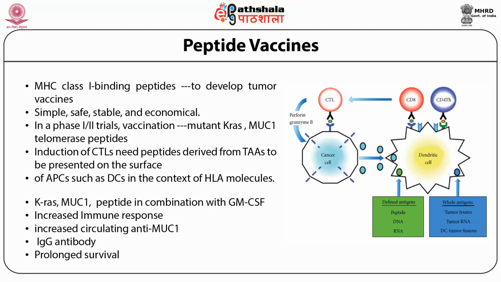Once they have seen the antigen and activated the CTLs, there is increased immune response, increased IgG antibodies, and the patient can survive more, with prolonged survival with these cellular therapies.